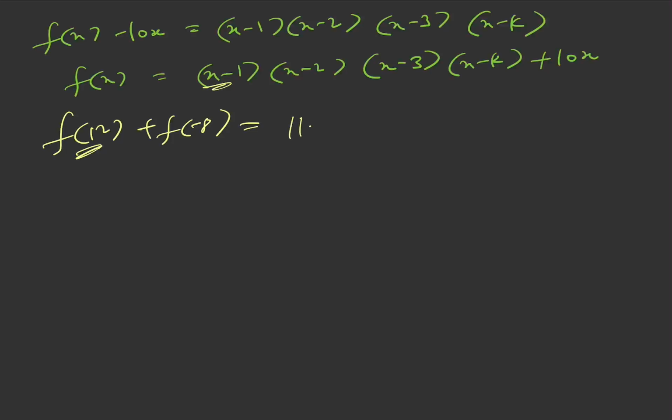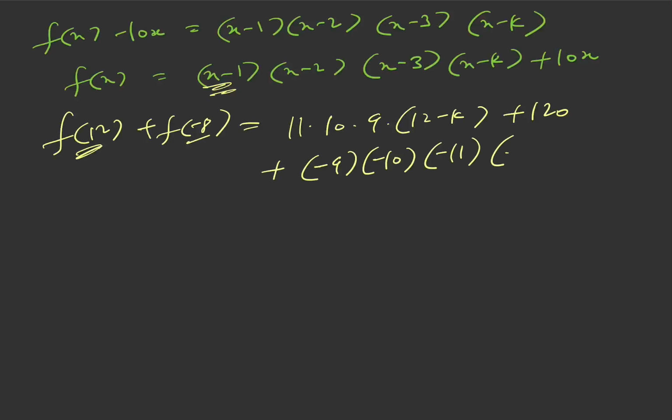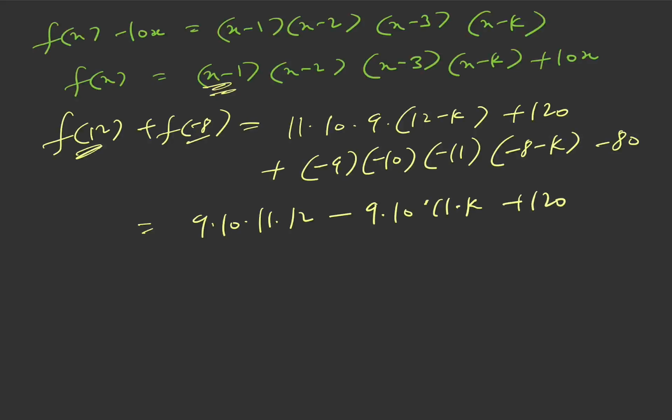So I'll get 12 minus 1, 11, into 12 minus 2, 10, into 12 minus 3, 9, into (12 minus k) plus 120. Now let us put minus 8 in this equation. So I'll get minus 9 into minus 10 into minus 11 into (minus 8 minus k) and minus 80. So this is 9 into 10 into 11 into 12 minus 9 into 10 into 11 into k plus 120, and this is plus 8 into 9 into 10 into 11, and this is plus 9 into 10 into 11 into k minus 80, right?